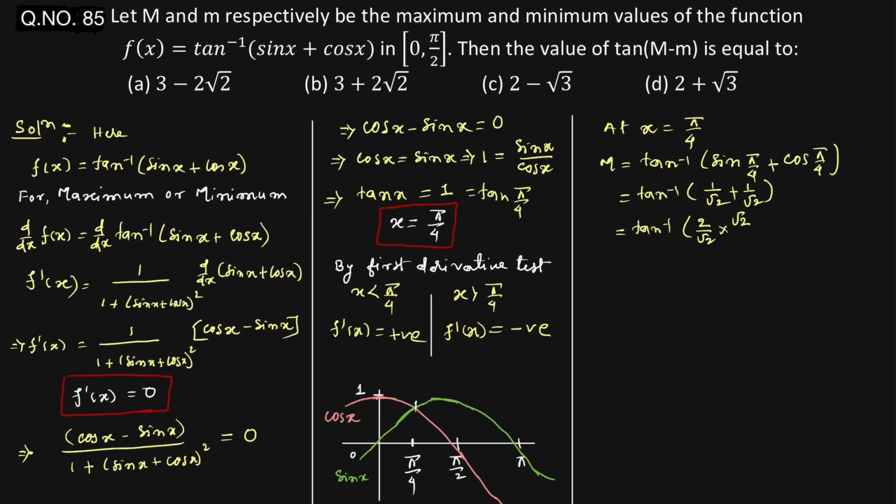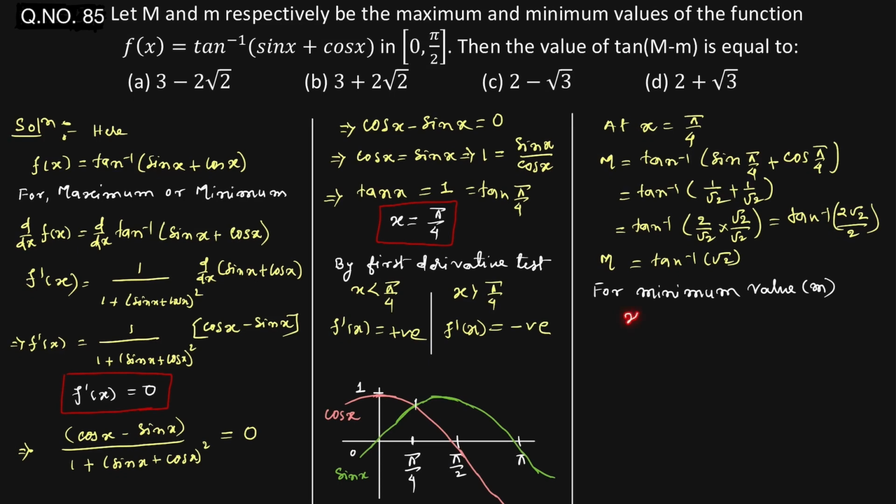We rationalize by multiplying by root 2 divided by root 2. Then we will get tan inverse of 2 root 2 by 2. So 2 and 2 cancel, we will get tan inverse root 2. So our maximum value M is tan inverse of root 2.